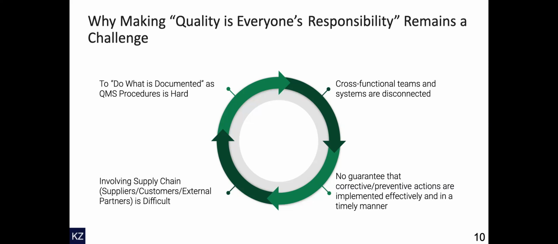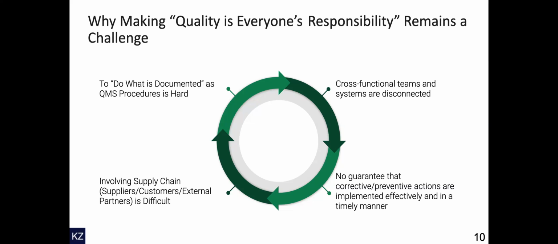And a few of the main real root causes are, if a procedure is there and you're expected to do it, and it involves several people, not just one person, right? Coordination is involved in that procedure. It is very, very hard to do it consistently. Okay, and somebody has to read it, somebody makes sure that it is done properly. So it is not easy to do even what is documented.